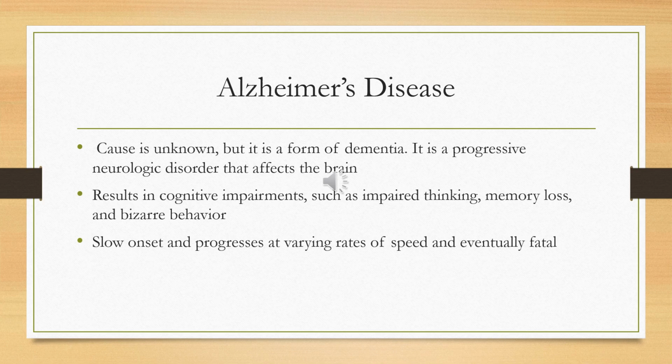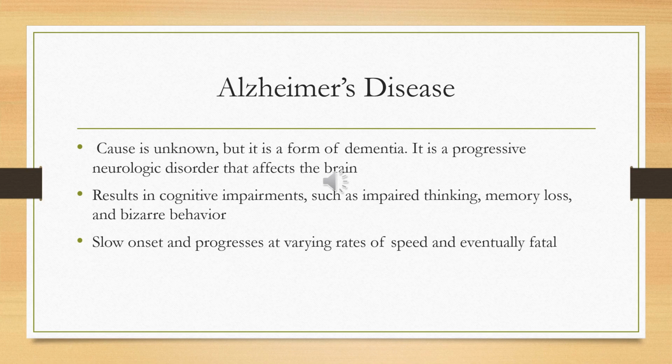So Alzheimer's disease, we're going to talk more about it when we get to the mental health diseases later in the semester. But Alzheimer's disease is a progressive neurologic disorder that affects the brain and results in cognitive impairments such as impaired thinking or memory loss or bizarre behavior. It's the most common form of dementia, and does lead to death in adults.